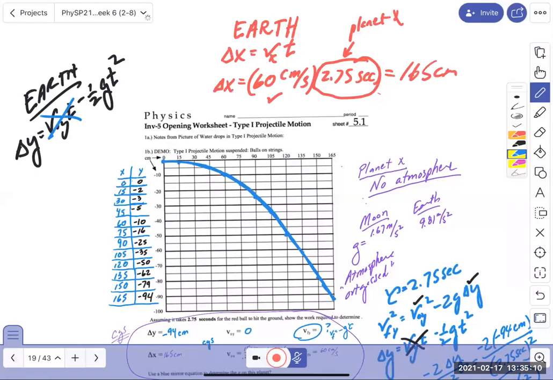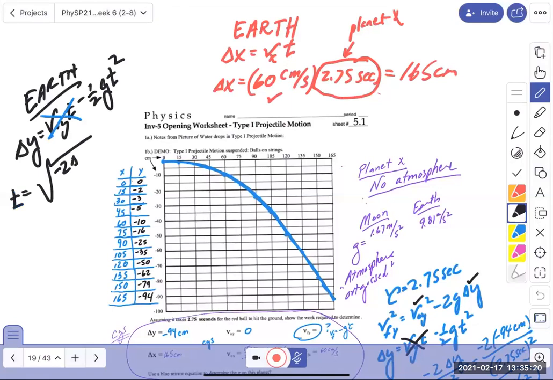So the time on Earth would be t equals the square root of -2 delta y over g. That's just solving for t. We need that negative because the delta y is negative. So the time for the Earth would be -2 times -94 centimeters, to keep it in CGS, divided by g, which is 981 centimeters per second squared.